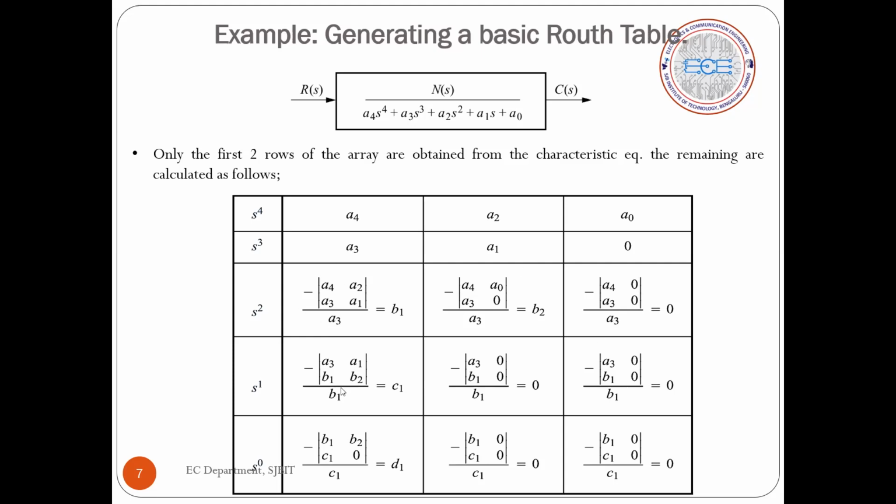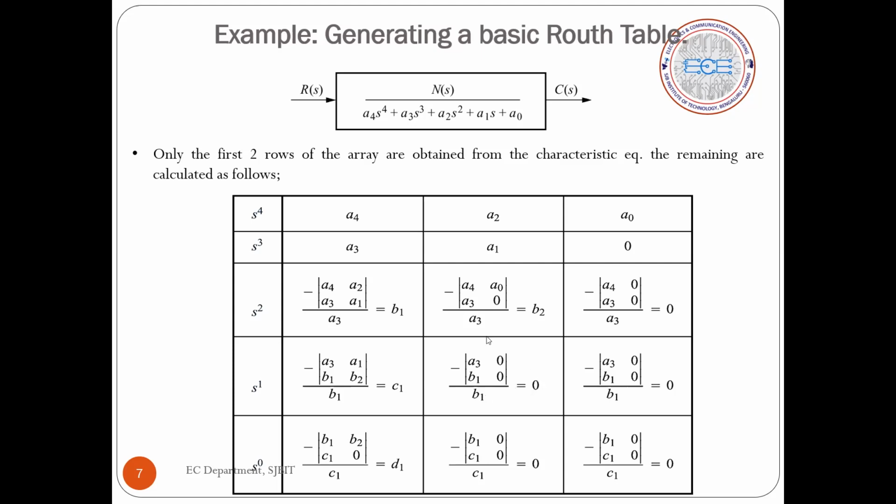Similarly, for the s power 1 row, we repeat the same procedure, but now the determinant is considered like this: a3 and b1, a1 and b2 form the matrix. We compute the determinant divided by the base element b1, with a minus according to the definition, which is c1.